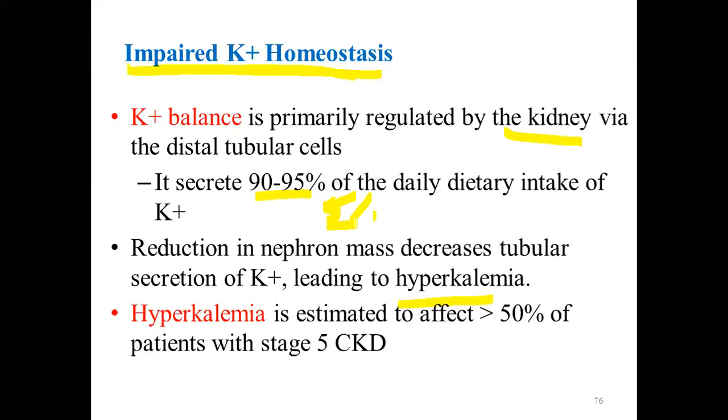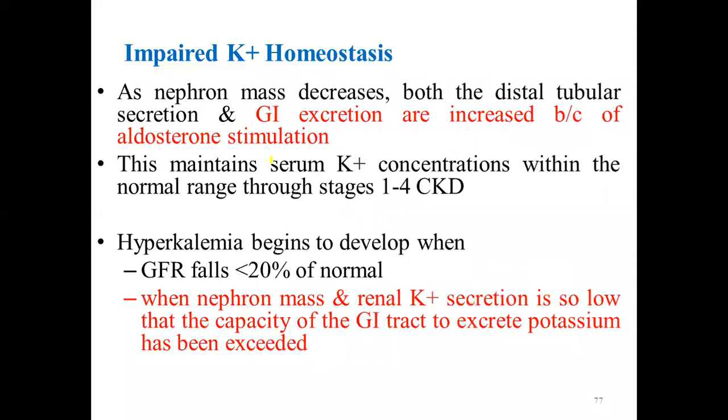Because of this, the potassium level in the serum will be elevated. And remember, more than 50% of patients with stage 5 CKD are affected by hyperkalemia. It is really very common. Sometimes hyperkalemia can even cause tremor; the patient becomes shaking as a result.